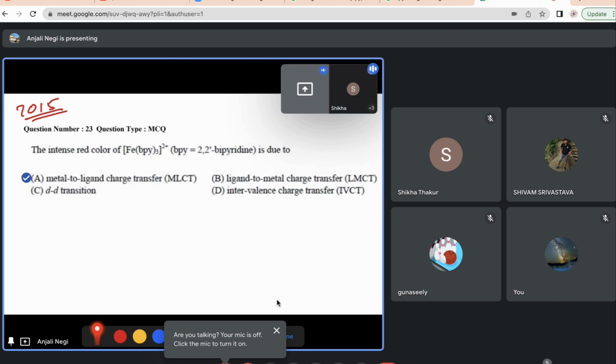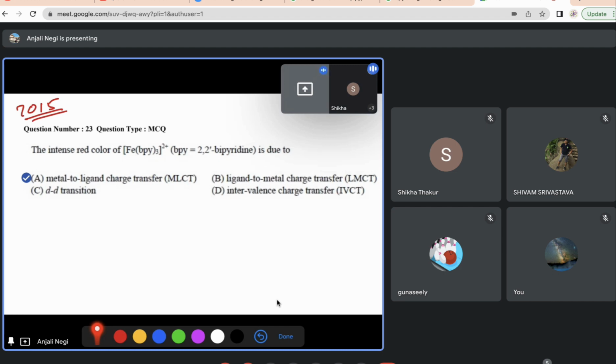We are given four options: whether the intense color is due to MLCT, LMCT, that is ligand to metal or metal to ligand charge transfer, or simply the d-d transition, or the intervalence charge transfer.